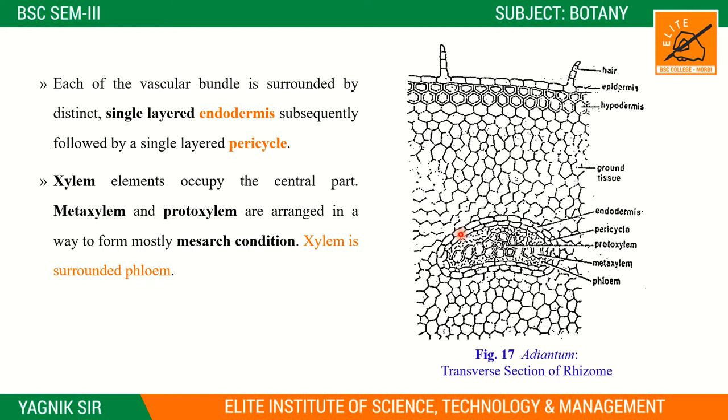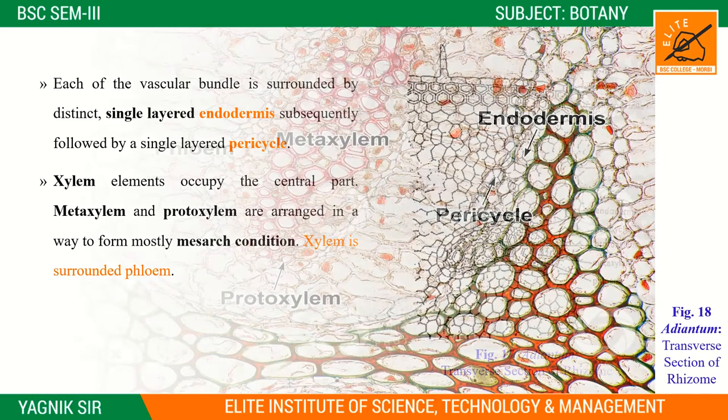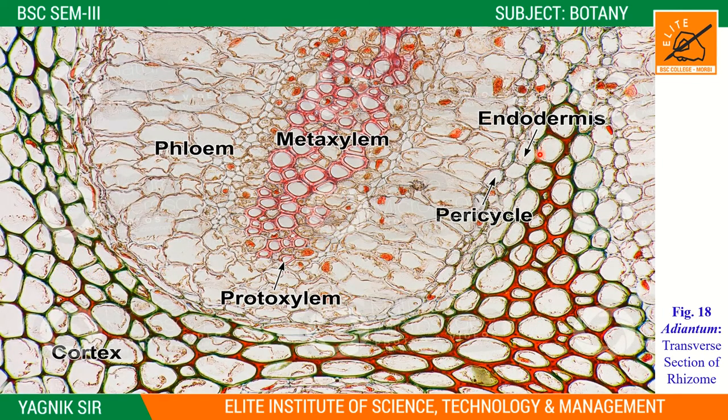So xylem elements occupy the central part. Here metaxylem and protoxylem are present, and these are arranged in the mesarch condition, right. This condition is called the mesarch condition. Here protoxylem is present on the inner side, and the outer side is metaxylem. Xylem is normally surrounded by phloem, right. So this is the transverse section of the rhizome, right.